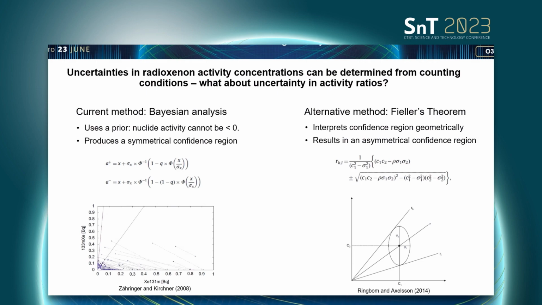The current method for calculating the lower bound of that interval is Bayesian analysis. We also considered an additional alternative method, a geometric approach to finding the confidence region, which uses the slope of a line that would pass through the intercept and then run tangentially to the error ellipse.